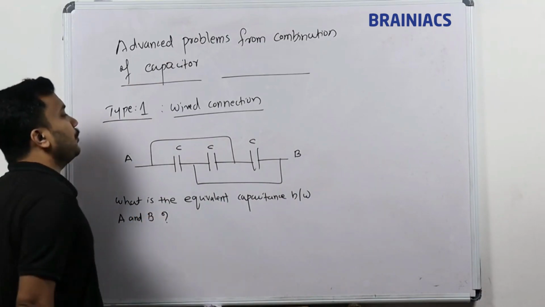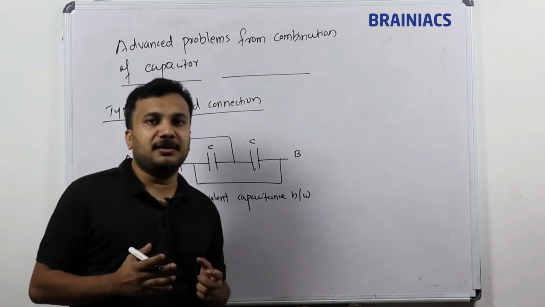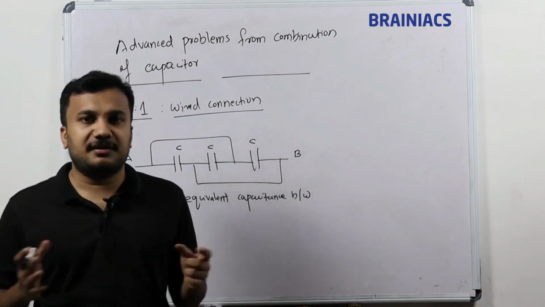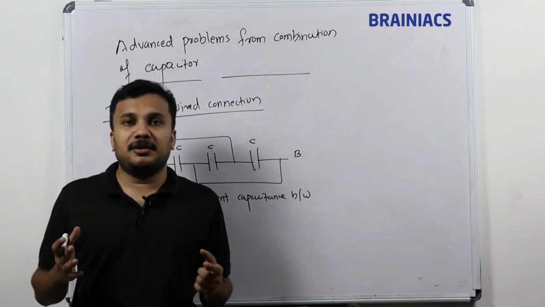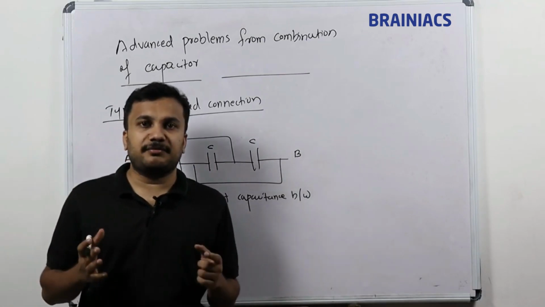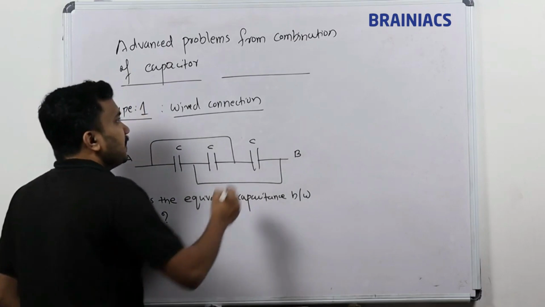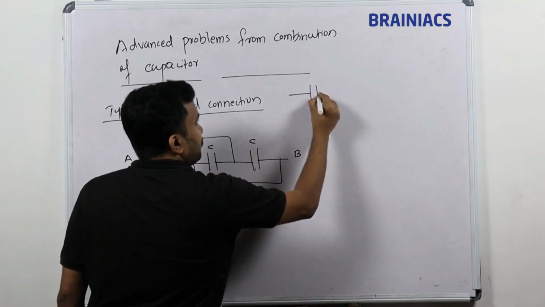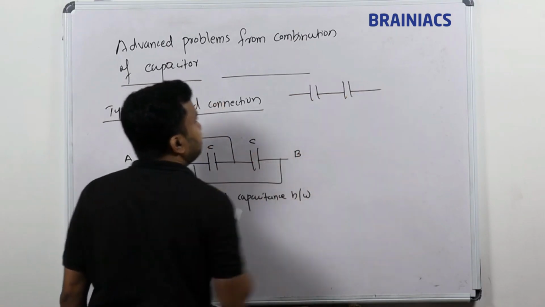We need to find the equivalent capacitance. We know the formula for 2 capacitors connected in series: C equivalent is equal to C1 C2 divided by C1 plus C2. So, this is the fundamental concept.